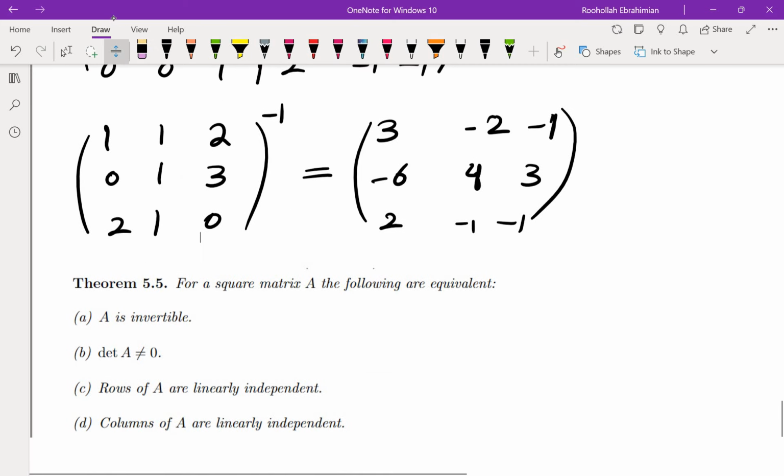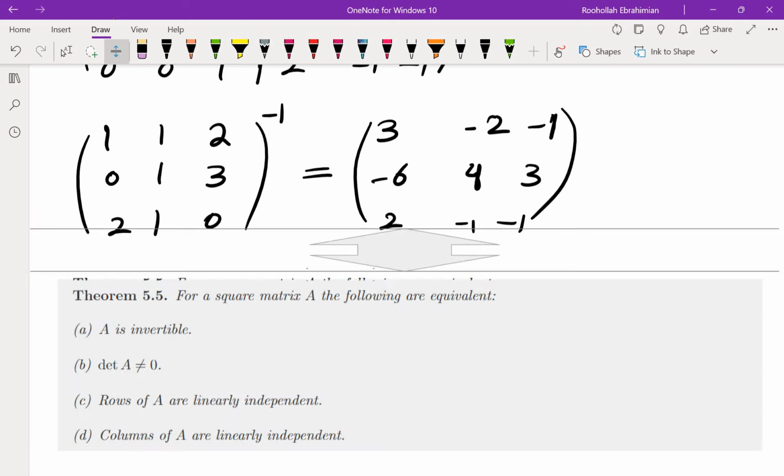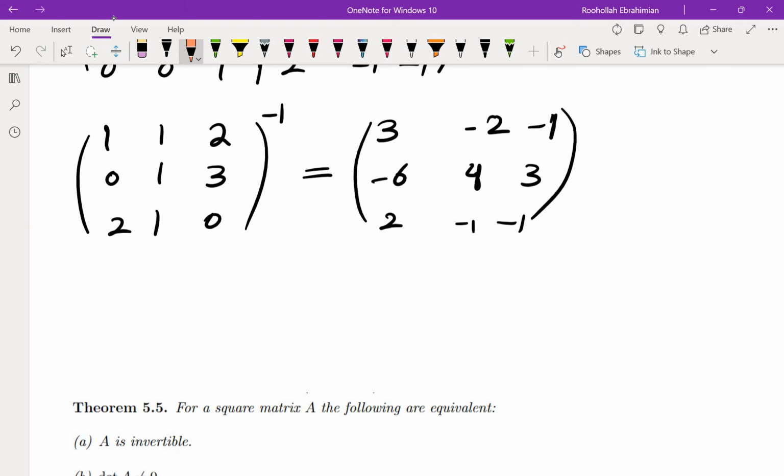And we could check that in fact this is valid by multiplying them. So this one times this gives us 3 minus 6 and then plus 4, which is 1. This first row times the second column gives us negative 2 plus 4 minus 2, which is 0. The first row times the third column becomes negative 1 plus 3 minus 2, that's also 0.